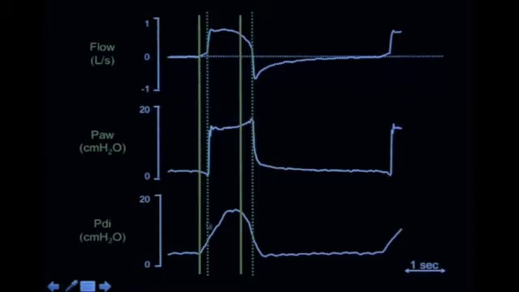And the last tracing on the bottom is a transdiaphragmatic pressure that you don't use in the clinical world, but it's just to show you that in this specific case of a post-op patient, the synchrony between the patient effort, which is indicated by PDI, by transdiaphragmatic pressure, and the ventilator assistance is very, very good.